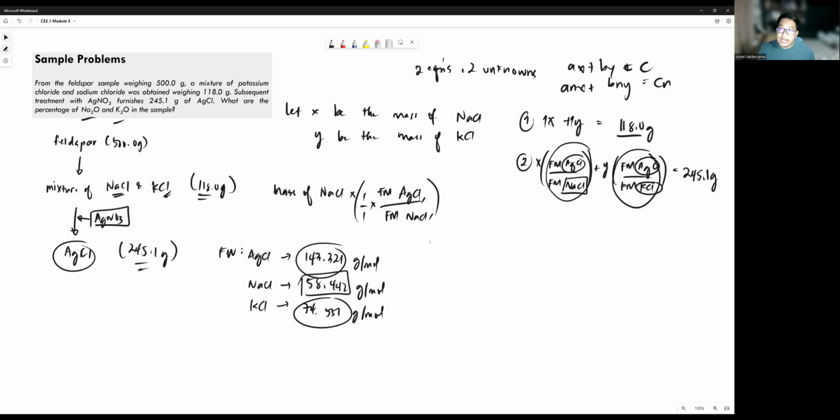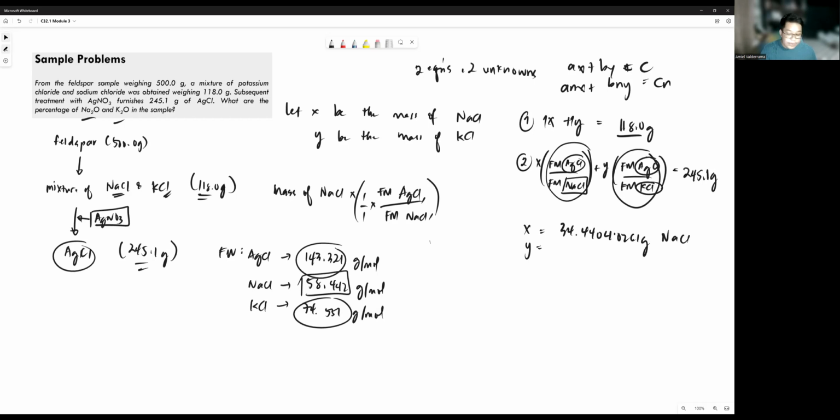And you will get the value of x and y to be equal to, ang x natin ay yung NaCl, so this is equal to 34.44040261 grams NaCl.